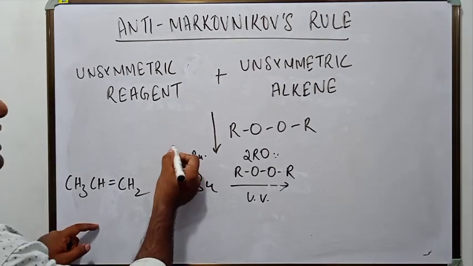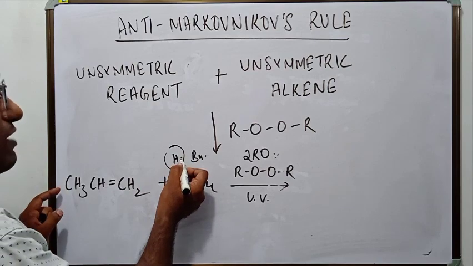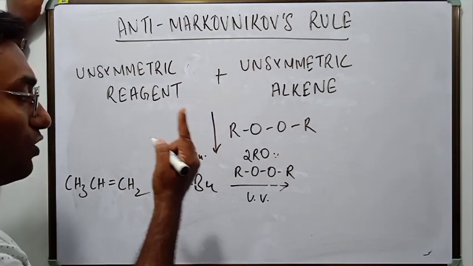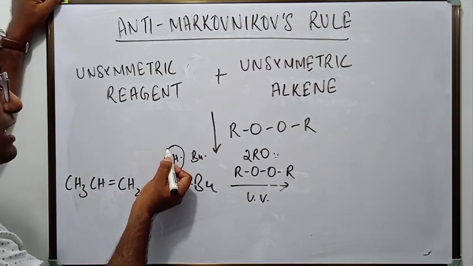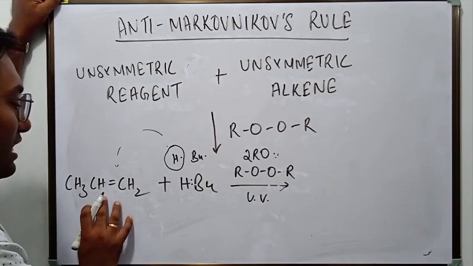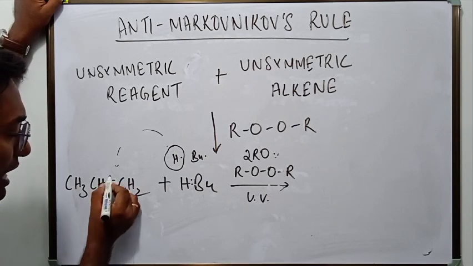Now the H free radical has only one electron and is deficient of one more. It can go and attack the electron cloud of the alkene. The alkene has a sigma bond and a pi bond.